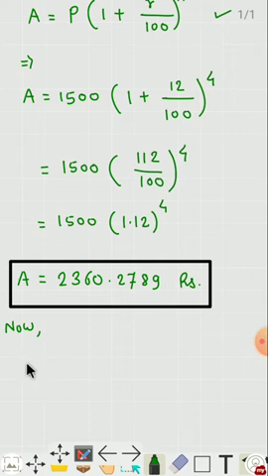Now we find the interest I, which is equal to total amount minus principal.